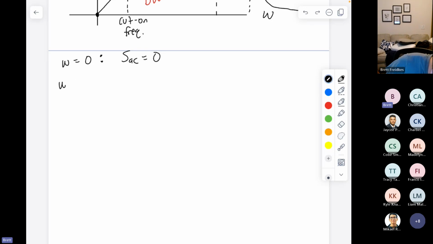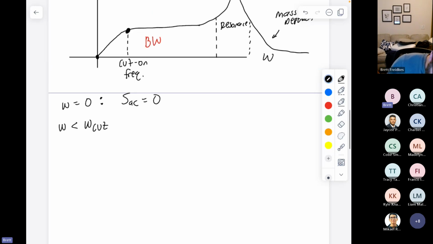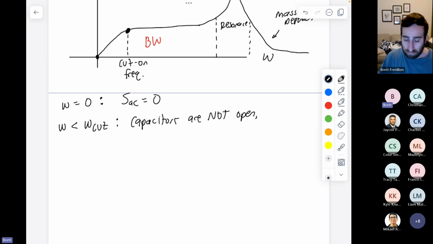The next example we did, we said that omega was less than the cut-on frequency. Basically what this means is that the capacitors are not open, but we will assume that omega is small enough that we will neglect the inductors.